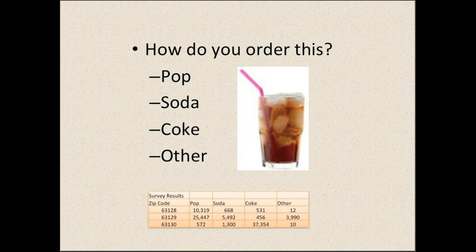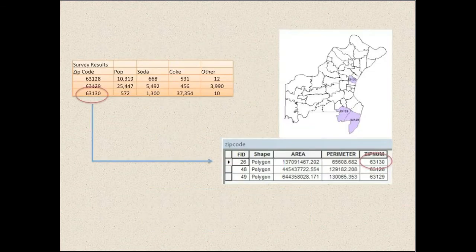But suppose we also ask for some spatial reference point. How about the zip code of your hometown? As we discussed earlier, this is an innocuous piece of information, but it does allow us to put each response into a useful spatial context. In a GIS, we would join the survey results in this table to an existing set of zip code polygons.